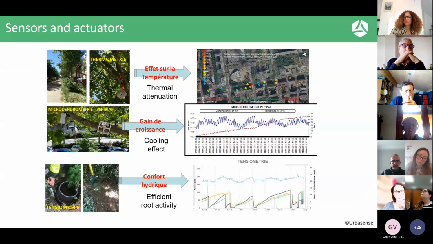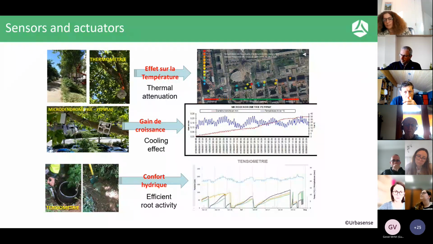You have a microdendrometry measuring point sensor that will allow us to measure the cooling effects, because it measures the evapotranspiration of the trees. So it's in the tree. And you have tensiometry, in the soil by the roots, that will allow us to measure the efficient root activity and the hydric comfort of the tree.